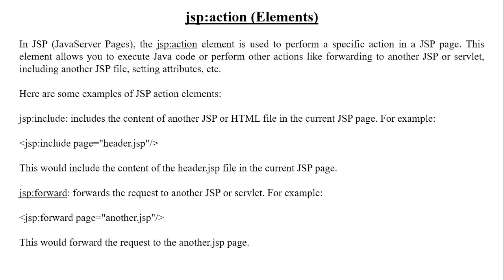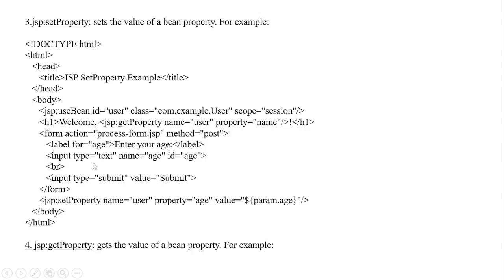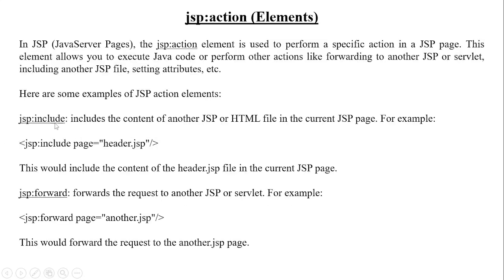If we want to do some operations like including some file in our JSP page, then we have the JSP include tag. This includes the contents of another JSP or HTML file in the current JSP page.